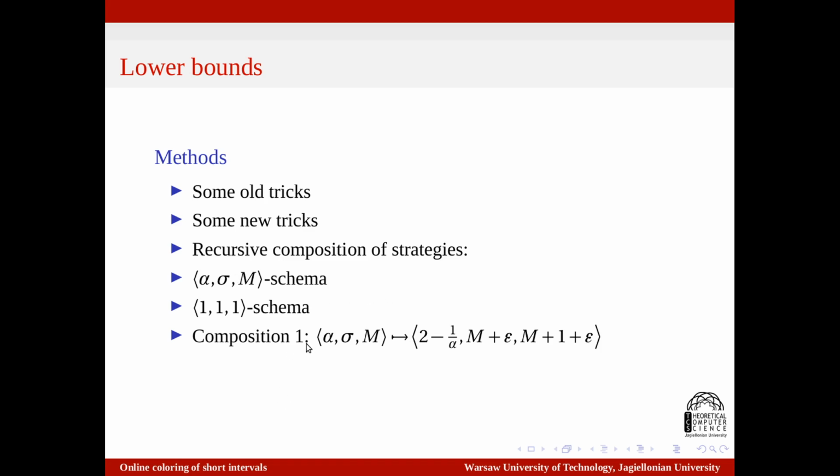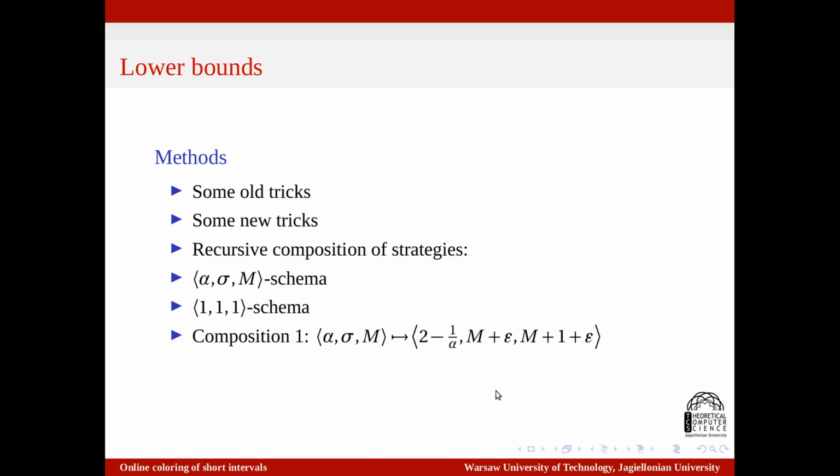So composition 1, that is based on Epstein-Levy lower bound, has properties that given any alpha, sigma, M schema, it transforms it into a 2 minus 1 over alpha, M plus epsilon, M plus 1 plus epsilon schema.